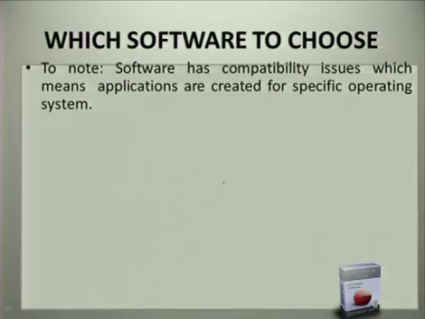Lastly, what we're going to look at is why we need to choose specific software. It says here, software has compatibility issues, which means that applications are created for a specific operating system. Whenever software is created, specifically application software, it is created for a specific operating system.